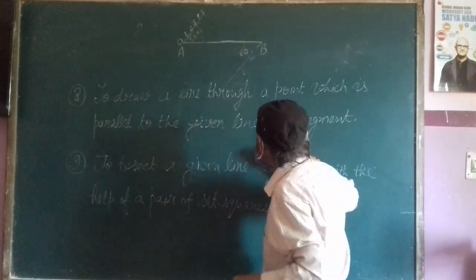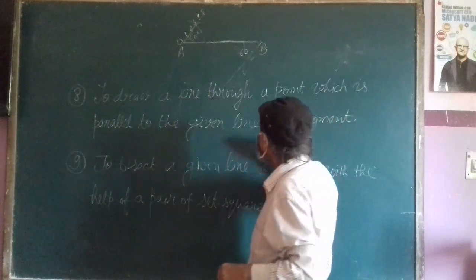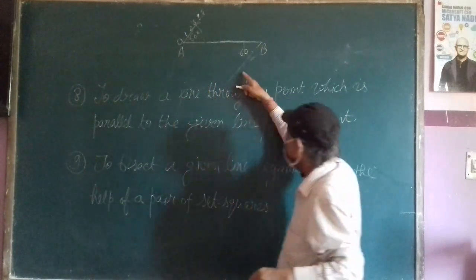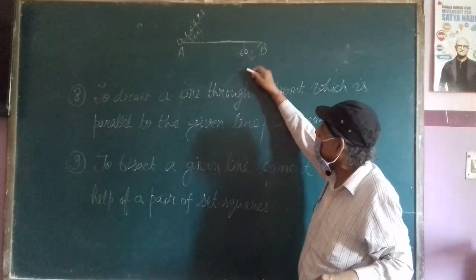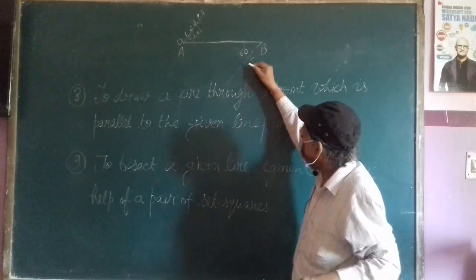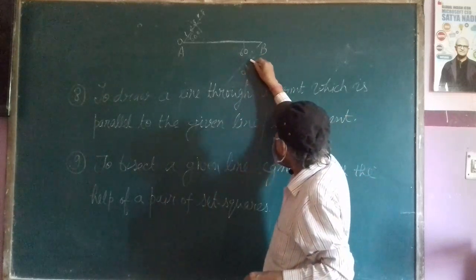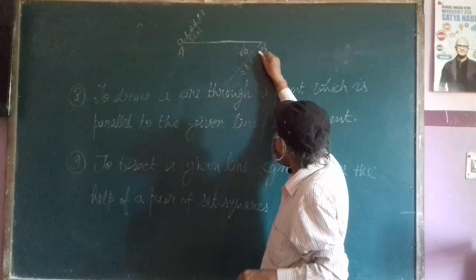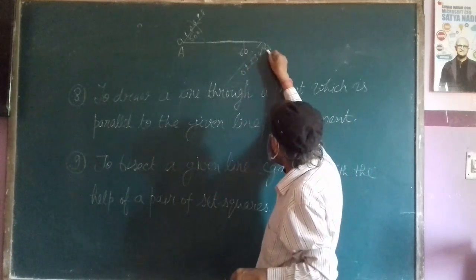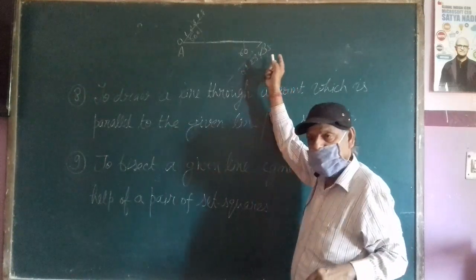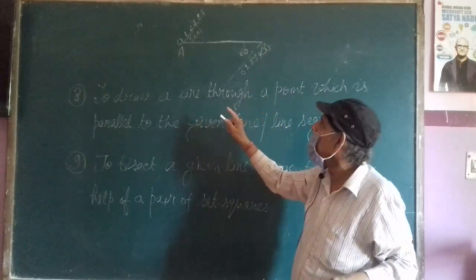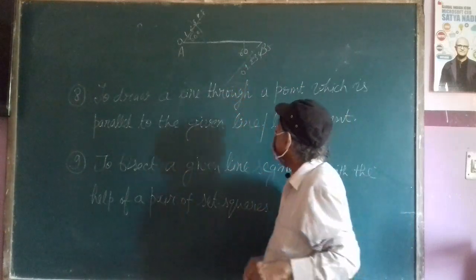Similarly, you have to do one thing, and you start from 0 from here, not from here, from here. 0, 1, 2, 3, 4, 5. Your point B is B as well as 5, and here is 5.